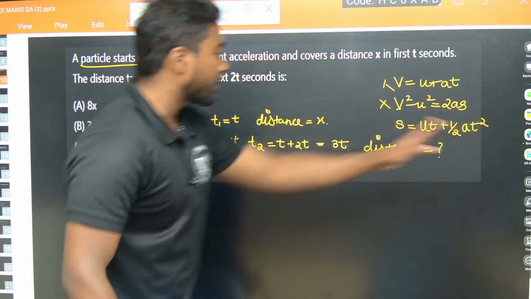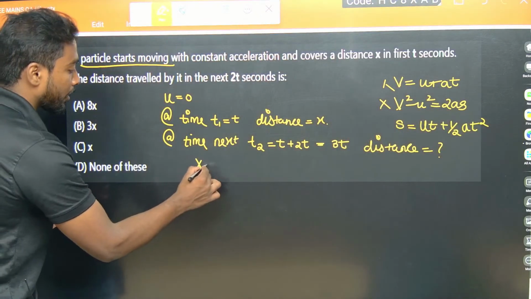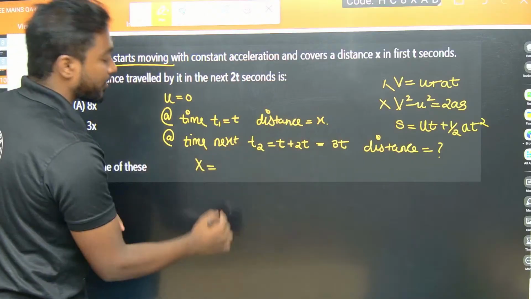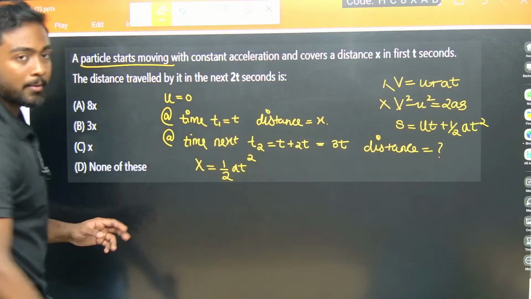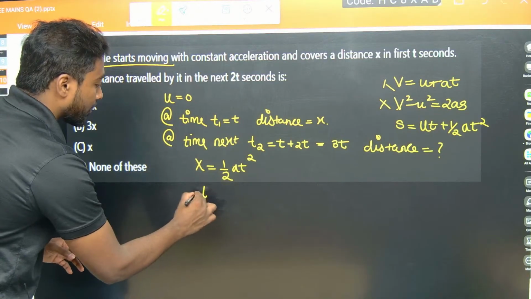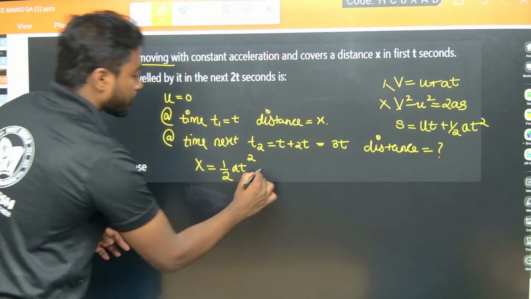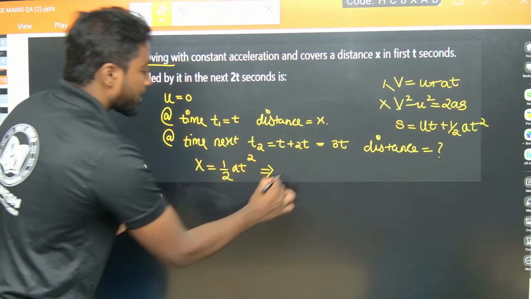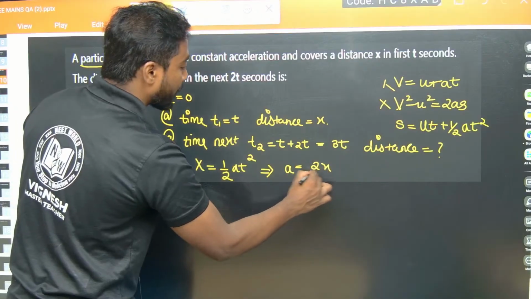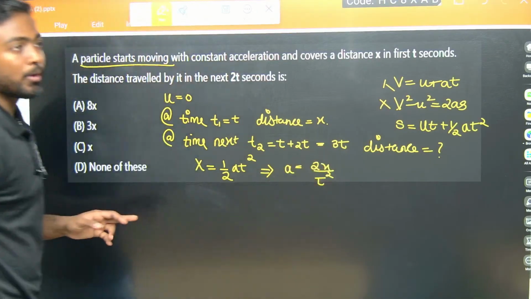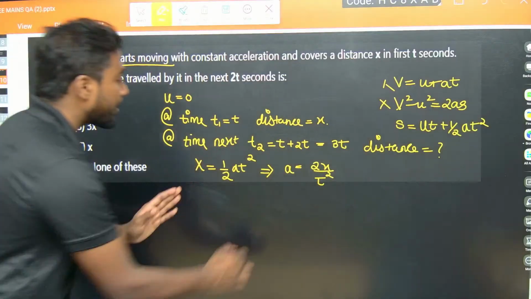So x will be equal to 0 plus half at square. From this, a will be equal to 2x by t square. I will keep a as it is.